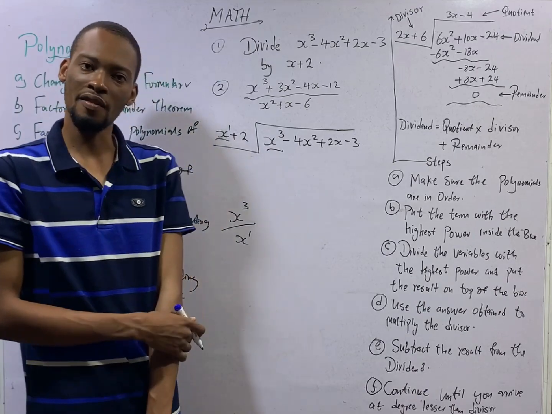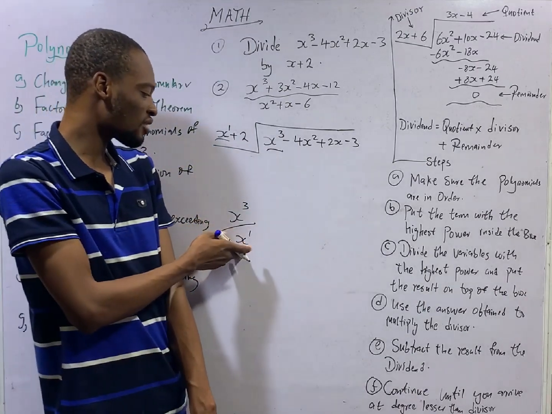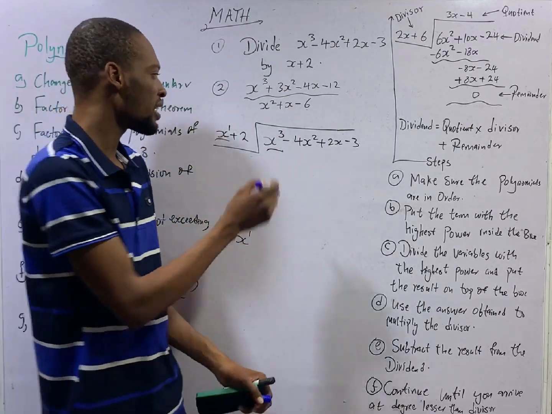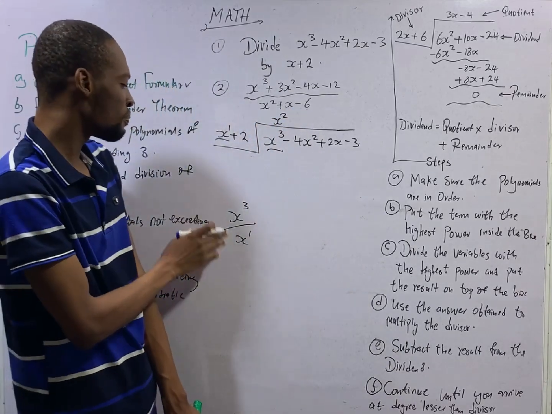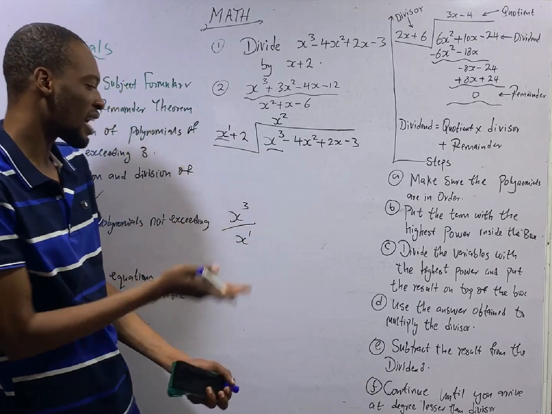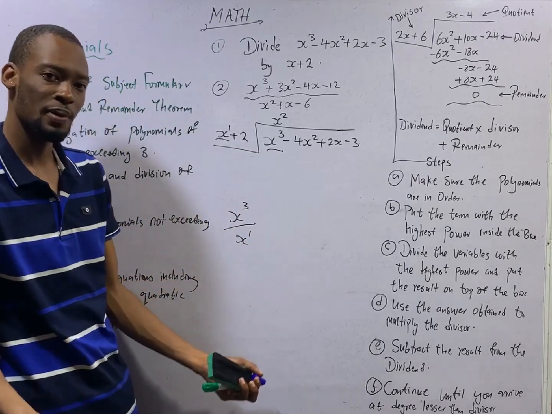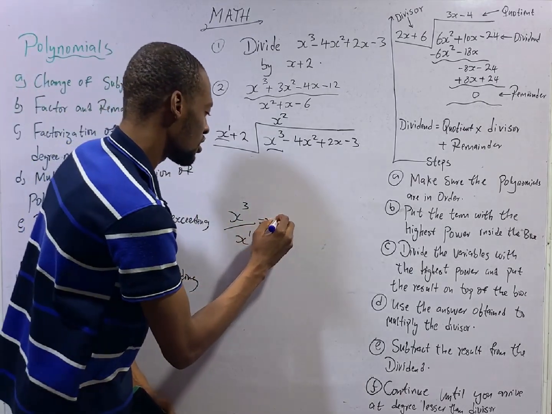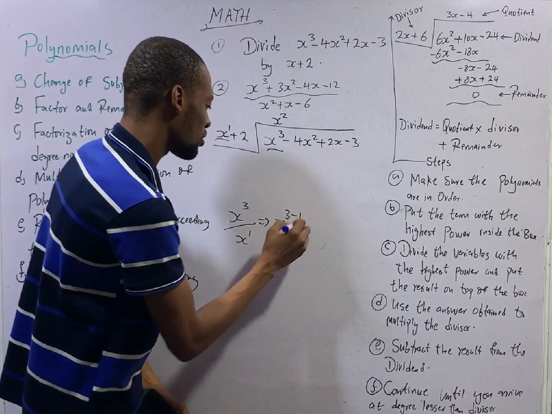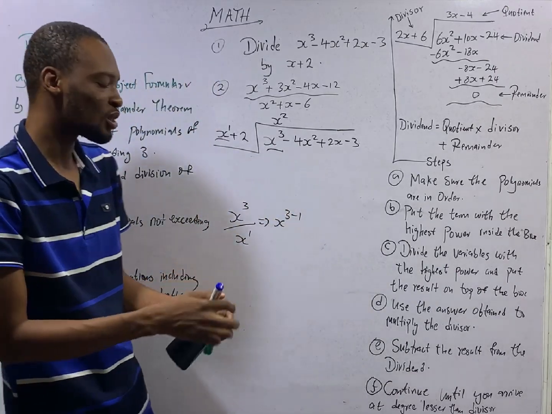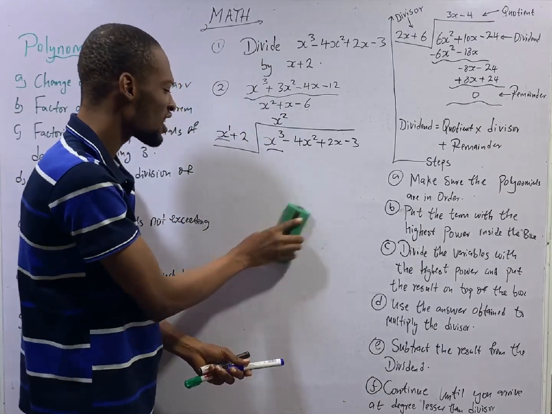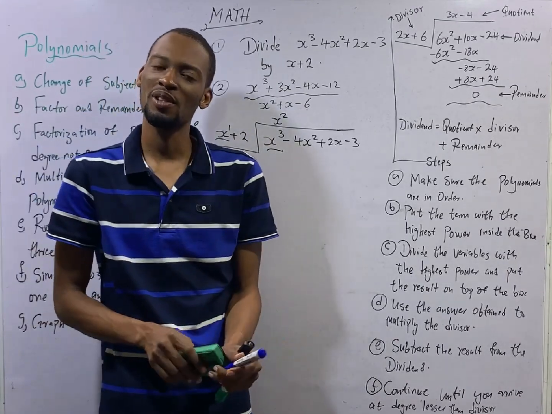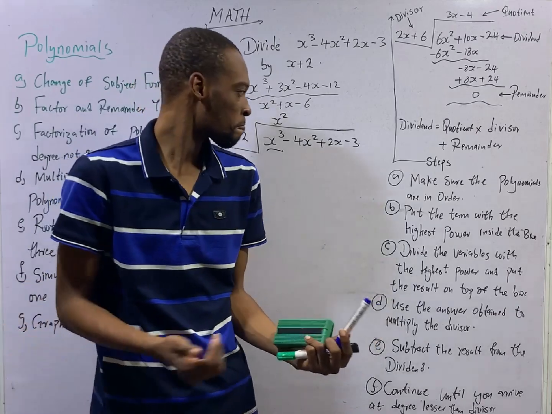S raised to the power of 3 divided by s raised to the power of 1 will give you s squared. Once the bases are the same and you are dividing, subtract the power. This is s raised to the power of 3 minus 1. We are subtracting the power since we are dividing. Indices, logarithm, and surds are so important throughout your mathematics journey.